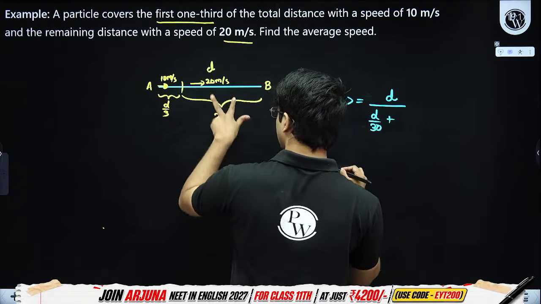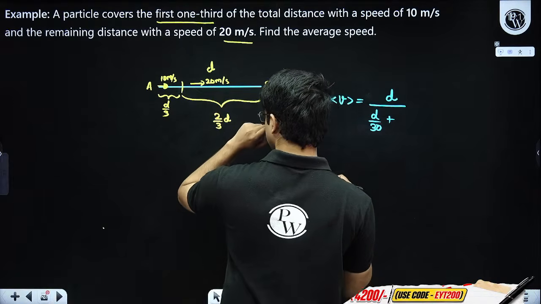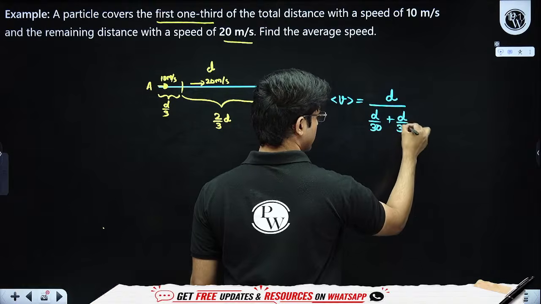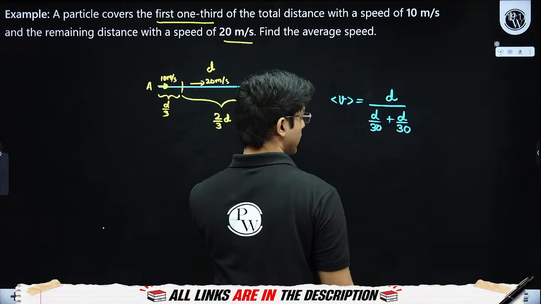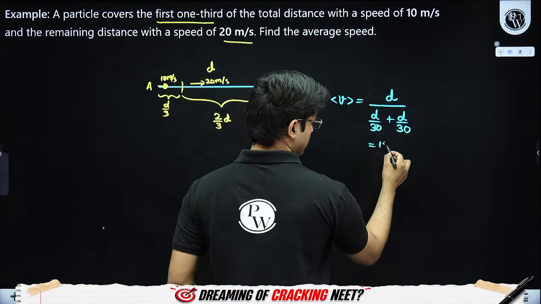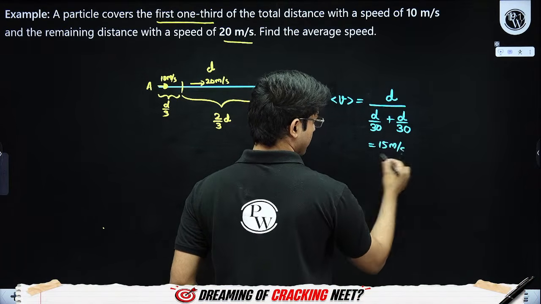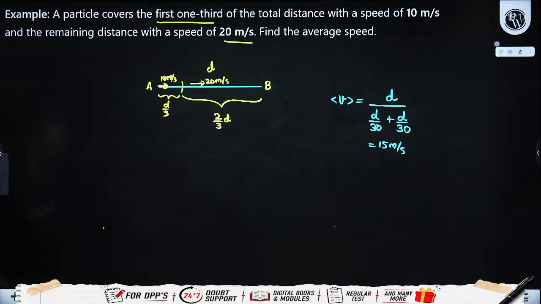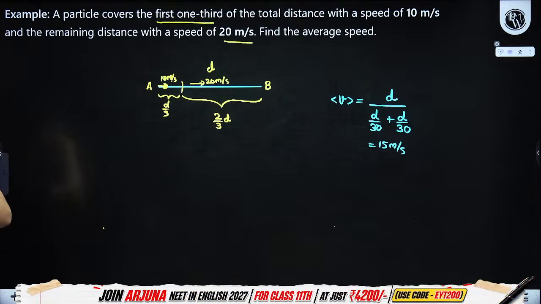And here we have 2D by 3 divided by 20. That is also D by 30. So yes, it will be 15 meters per second. That will be the answer. Okay. 15 is correct. Great.